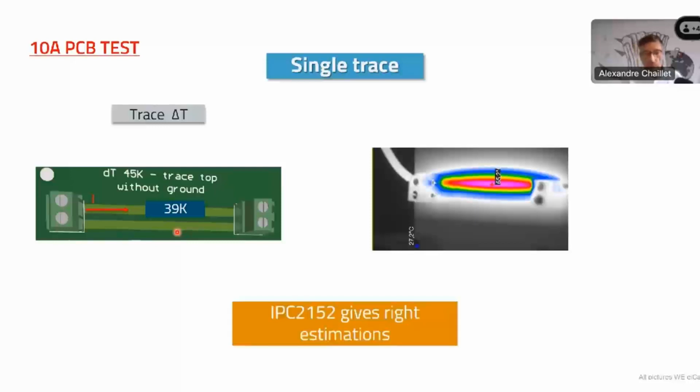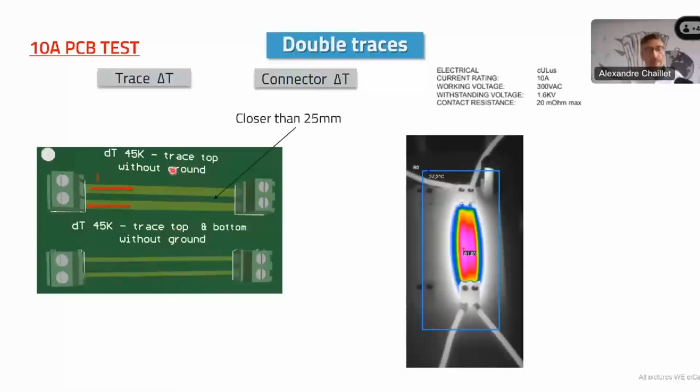Okay, but now we have two traces. And of course, if you put two traces close together, then it's the same as if you put two radiators in the same room: you will heat more. Then we go from 39 Kelvin to 57 Kelvin.